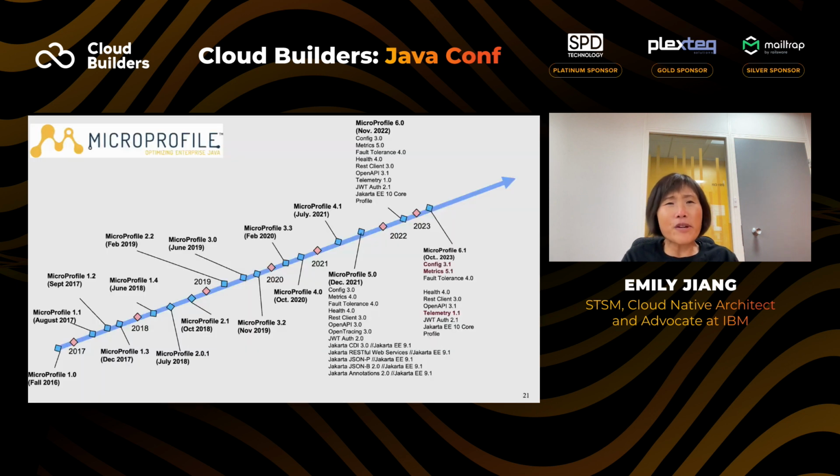This is a quick timeline since the beginning of MicroProfile in 2016 up to 2023. MicroProfile 6.1 was released in late October this year. We are making more progress next year and plan for the MicroProfile 7 release.